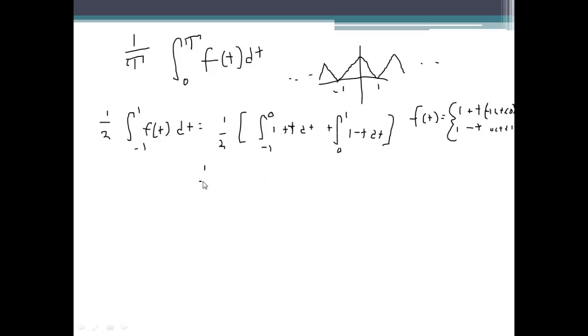So now when we integrate, we get 1/2 of t plus t squared over 2, evaluated from -1 to 0, plus t minus t squared over 2, evaluated from 0 to 1.